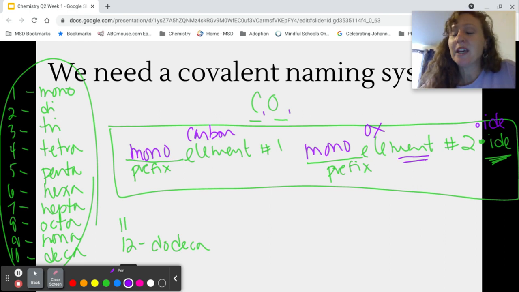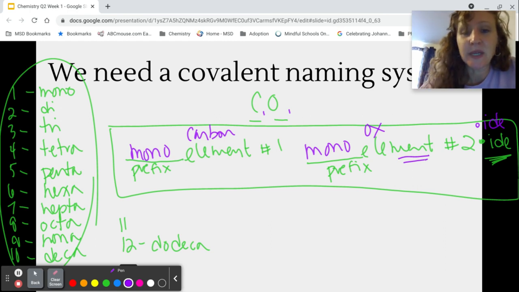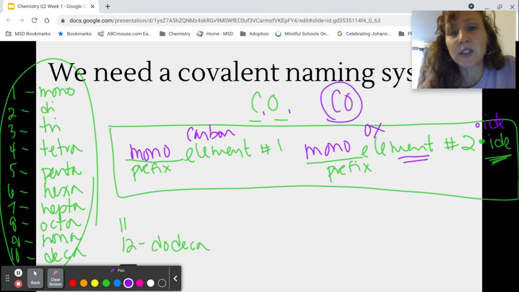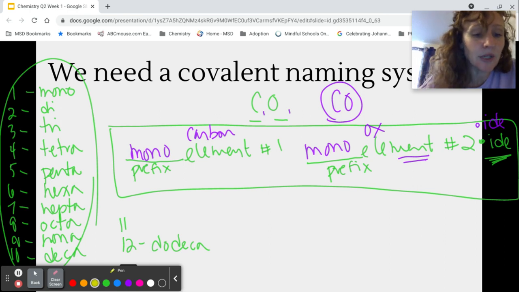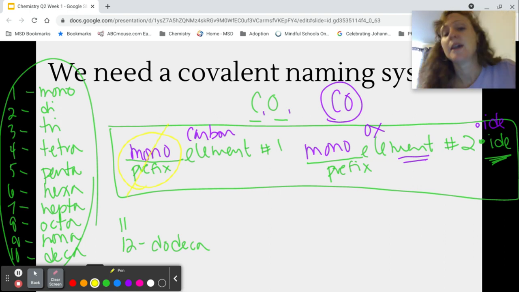Okay, so here you may realize one of the first rules that kind of breaks our system. If I asked you what CO is as a molecule, you wouldn't tell me it's monocarbon monoxide. What would you tell me it is? You would tell me it's carbon monoxide, right? So notice that this prefix got dropped.